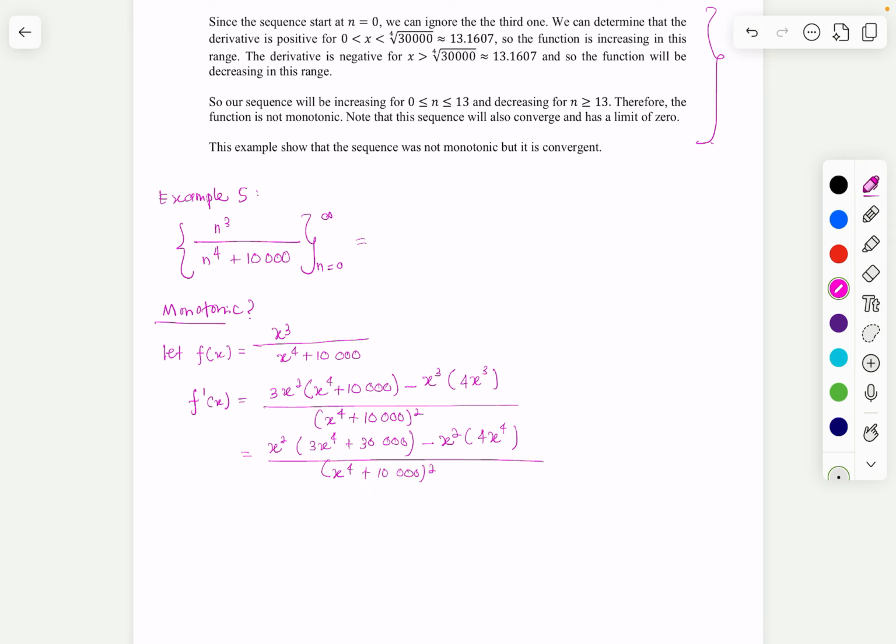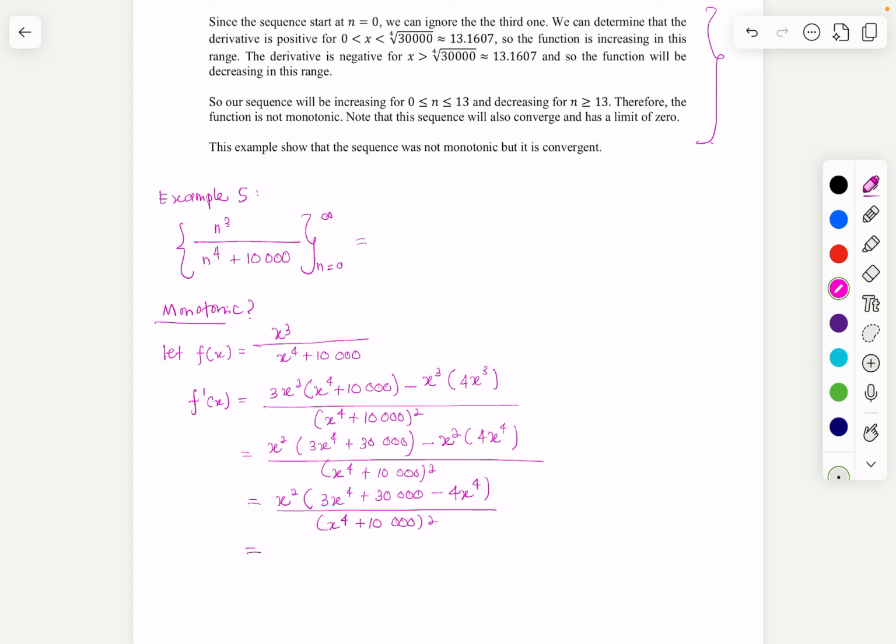So the numerator you can simplify. Since we have x squared in both parts, I put x squared outside: x squared times 3x to the power 4 plus 30,000 minus 4x to the power 4, divided by x to the power 4 plus 10,000 squared.